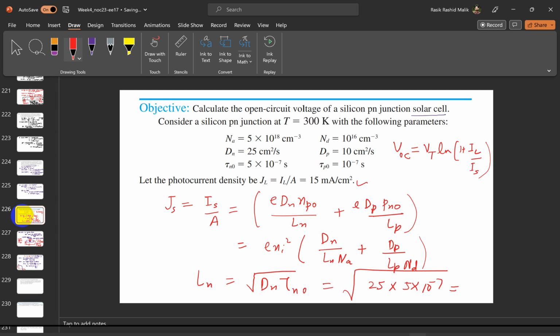So that is coming out to be equal to 35.4 micrometer. Okay, and similarly we can calculate Lp.